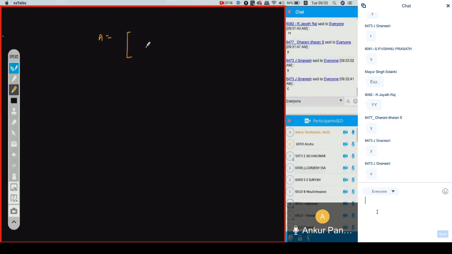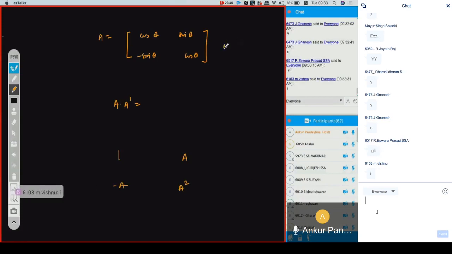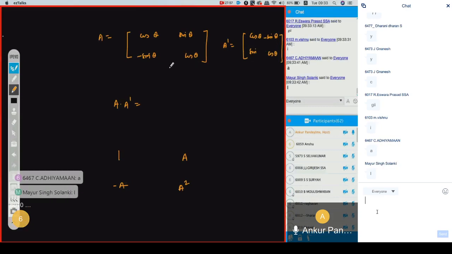If A is equal to [cos theta, sin theta; minus sin theta, cos theta], then A into A transpose is, quickly, I, A, minus A, or A square. So you will write A transpose here, cos theta, sin theta, cos theta, and you know they are the reciprocal of each other.